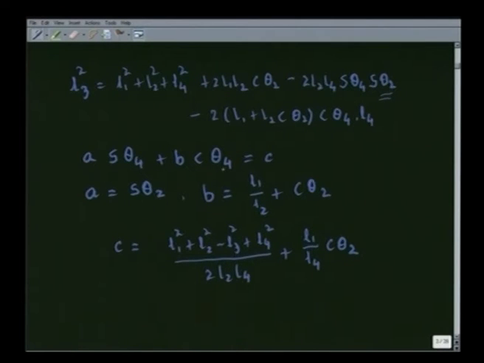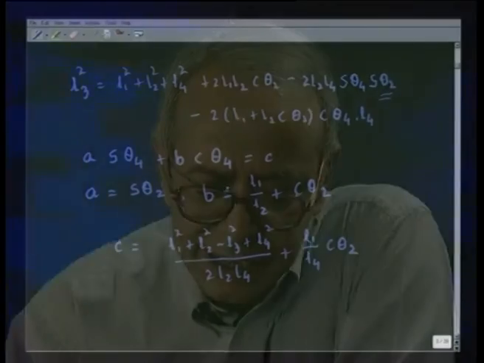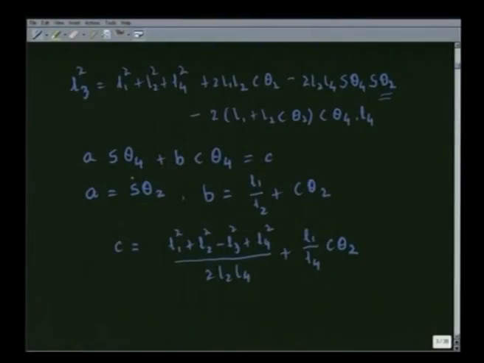But as we see, this is not a linear equation in theta 4, because it involves sine and cosine. To solve this angle theta 4 unambiguously, that is, so that we need not judge in what quadrant the angle theta 4 lies after we get the value, it is always better to replace sine and cosine by the tan of the corresponding half angles.